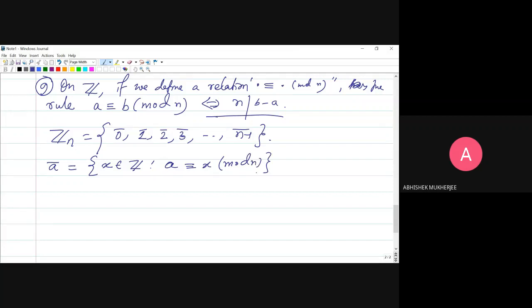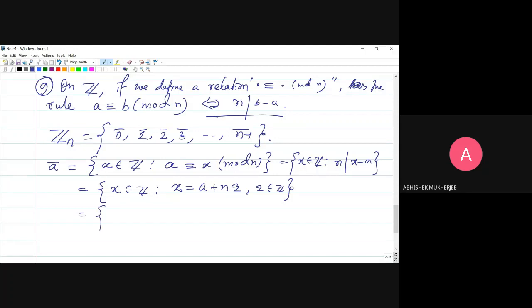Or you can write it as the set of all those integers x such that n divides x minus a. That means the set of all those integers x where x takes the form a plus nq, q belongs to Z. That means the class of A contains all those integers of this form, right?